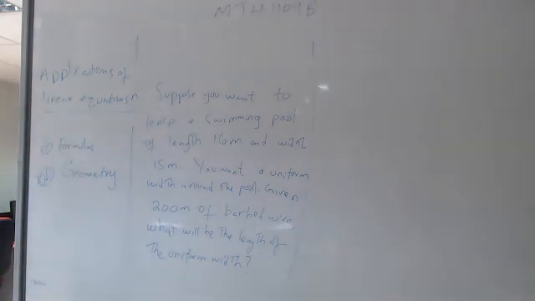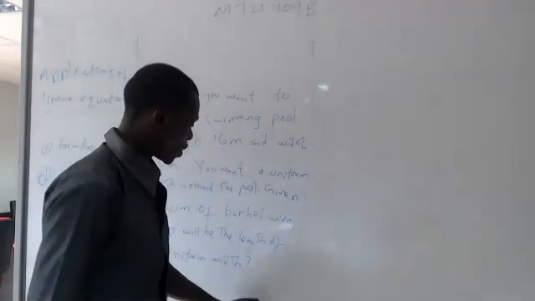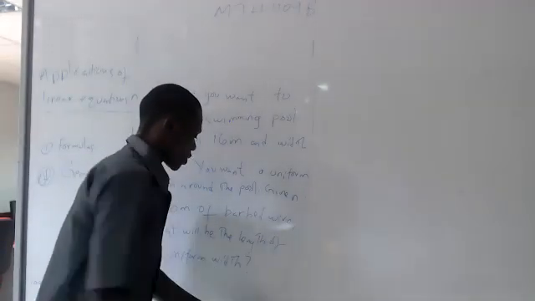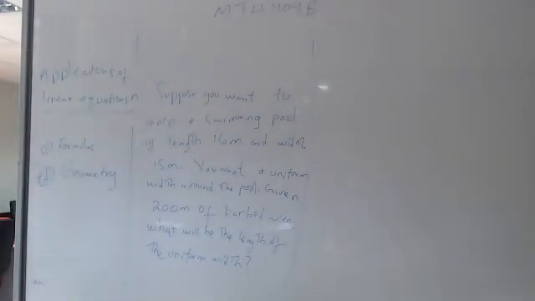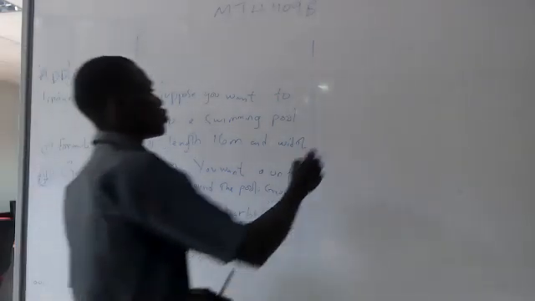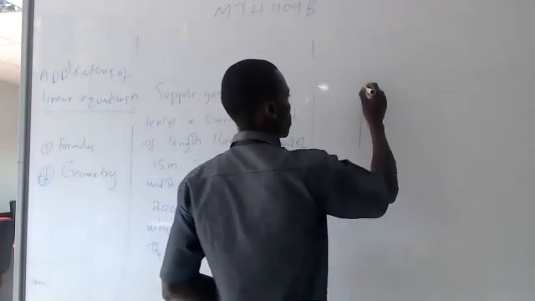So this is a problem in geometry, which requires you to apply your knowledge of solving linear equations. In such geometrical problems, it's advisable to draw a diagram. So let's say you draw a diagram.